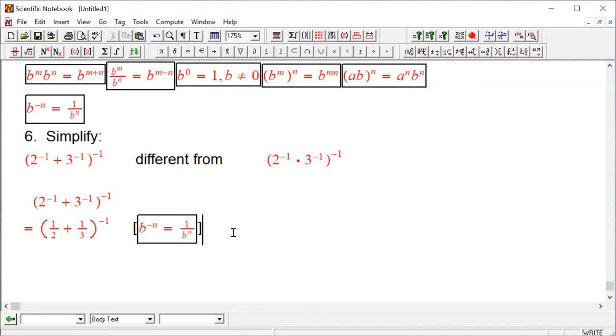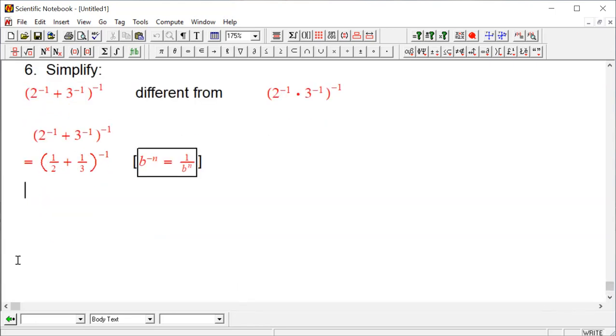And next, we are going to find a common denominator. What is a common denominator? The common denominator obviously is 6. So 6 under 3, and this is going to be 6 under 2.